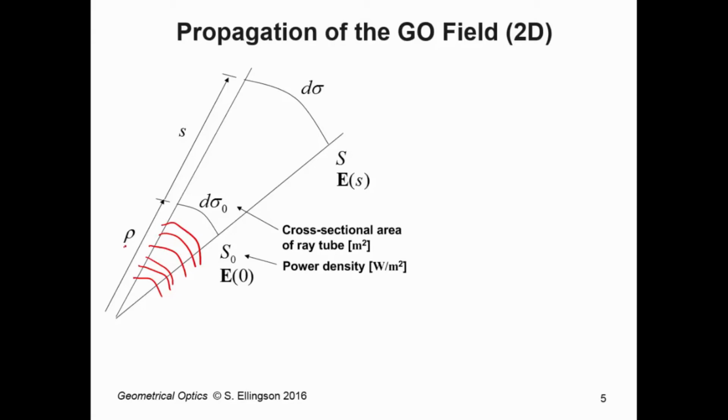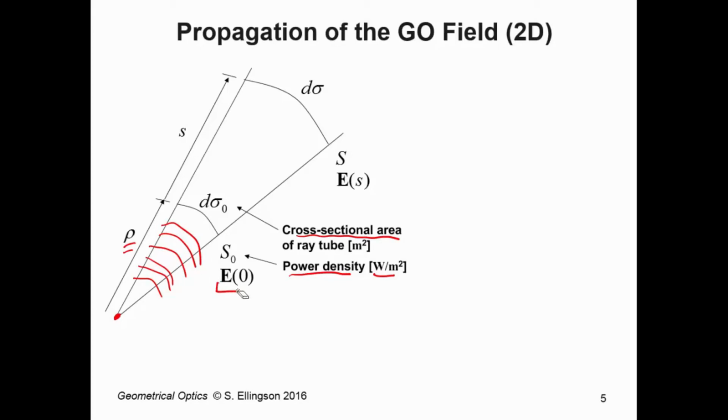At some distance rho from wherever it is that this seems to be emanating from, we can measure a power density, and we'll call that power density S0 in watts per meter squared. And that power density is realized over a cross-sectional area, and we'll call that cross-sectional area d sigma naught, where the d is alluding to the fact that this is a differential surface area, because we're really talking about what's happening along a ray.